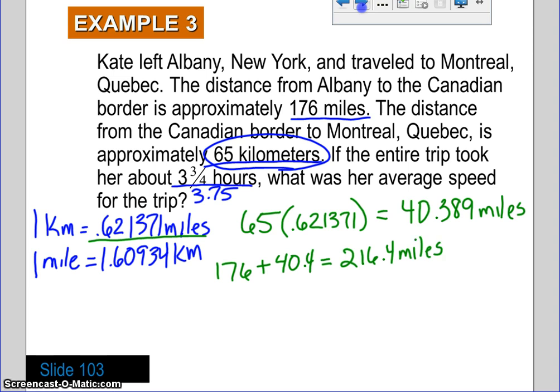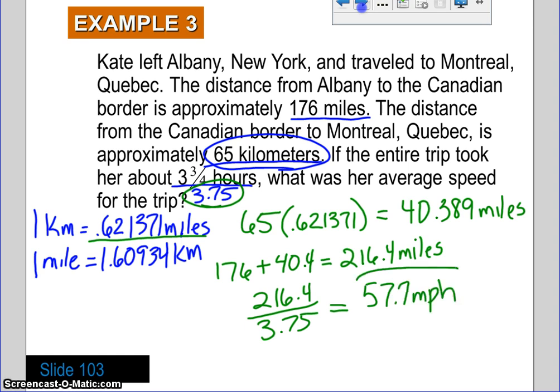I know that I took 3.75 hours for this trip. So my last step here is I'm going to take 216.4 and divide it by the 3.75, and I end up with 57.7 miles per hour.